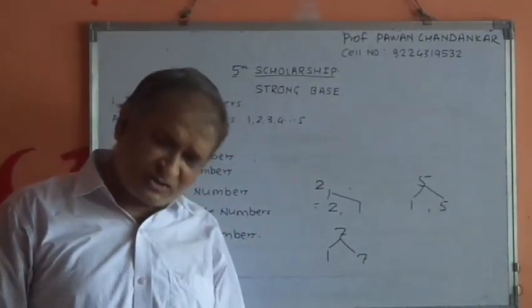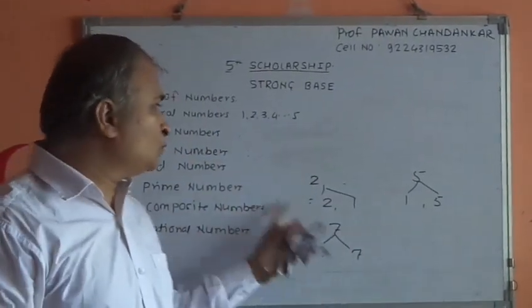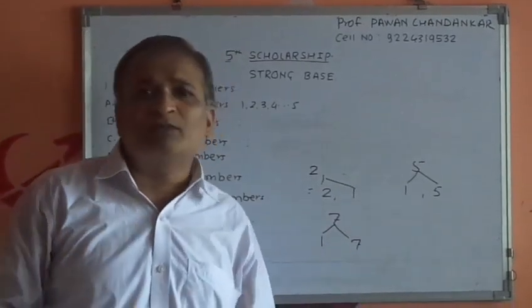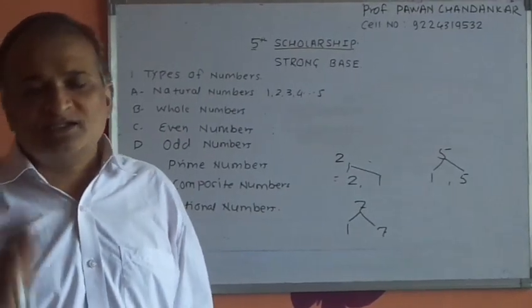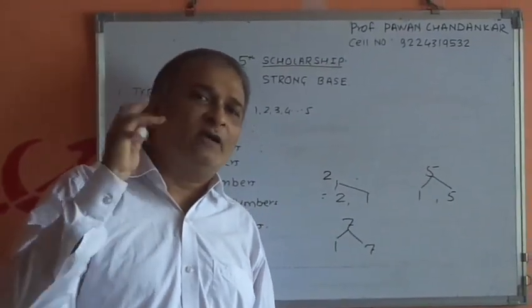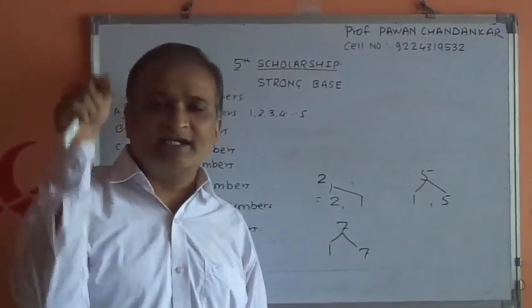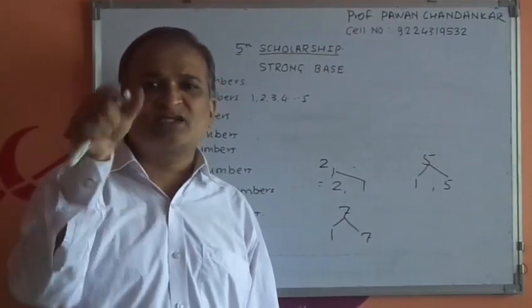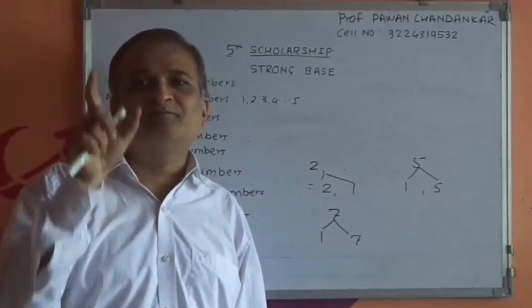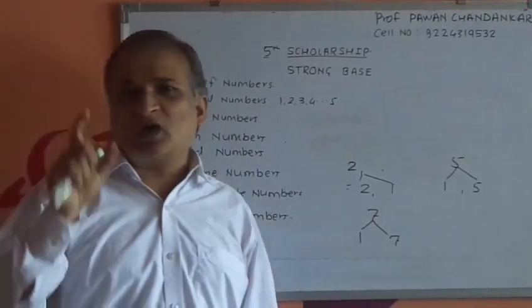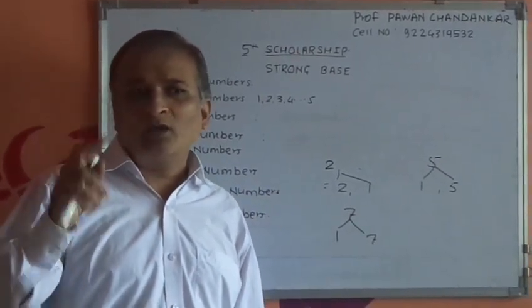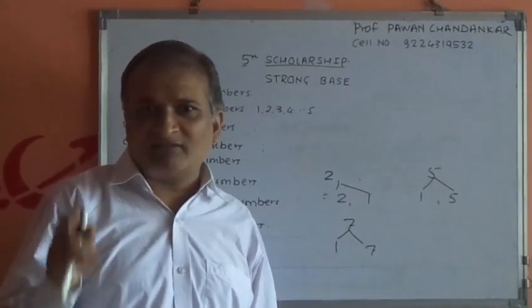So the number 7 has only 2 factors. The numbers 2, 5, 7 are all examples of prime numbers. If you notice very carefully, you will come to know that these numbers have only and only 2 factors, that is, the number itself and 1.